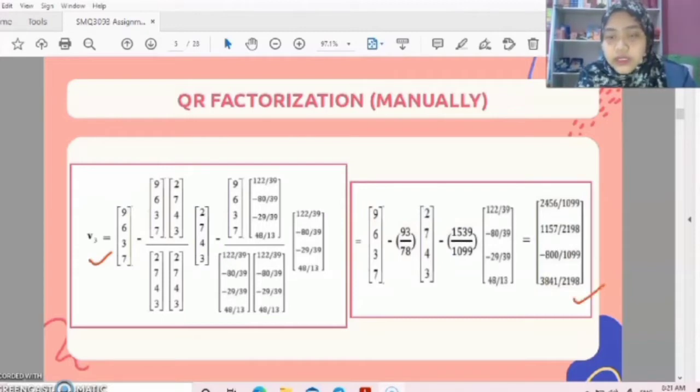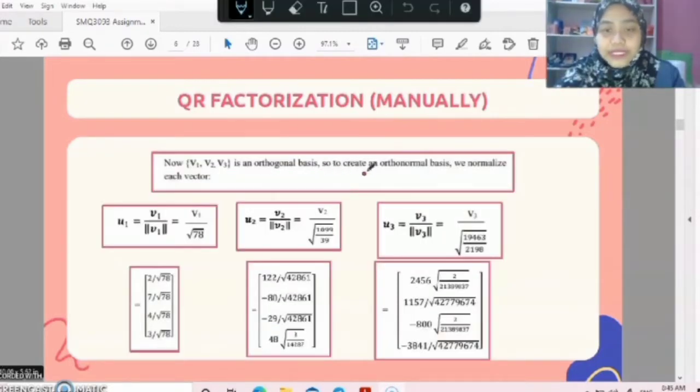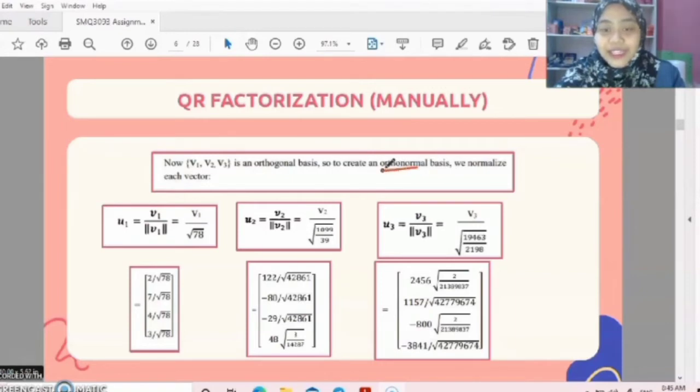this one. So in this part, we will learn how to find the orthonormal basis by using the orthogonal basis that we had calculated. The formula is each vector over its norm.